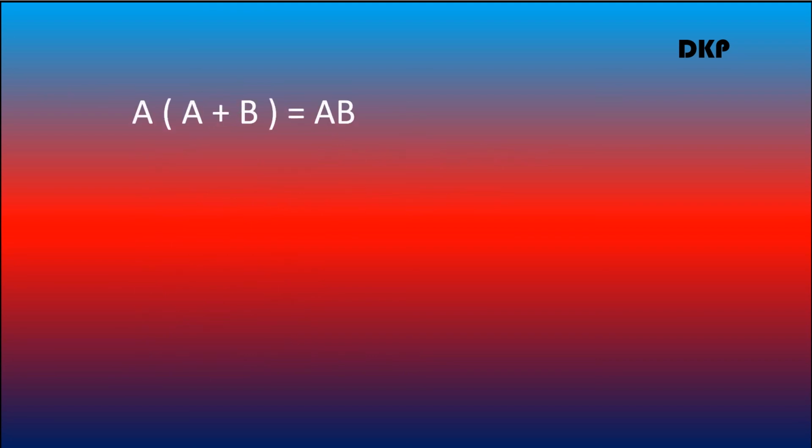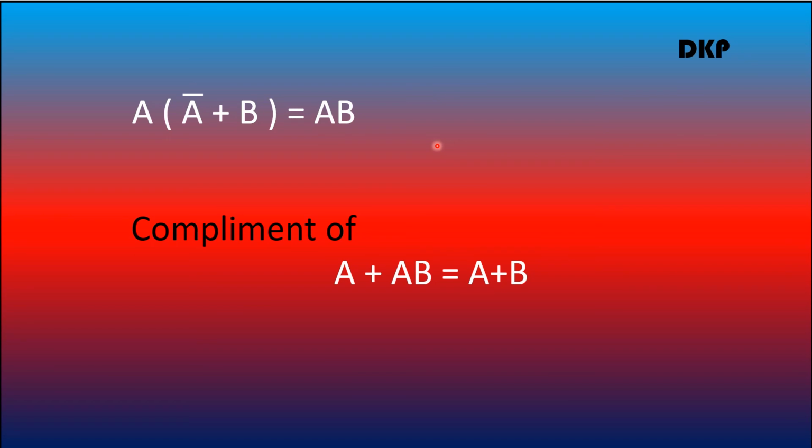Now coming to the last law, that is A into A bar plus B is equal to AB. This is the complement of the previous law, that is A plus A bar B is equal to A plus B. Wherever the or symbol is there, that is changed to and. This A bar dot B, if nothing is written in between, that means it is dot or into.